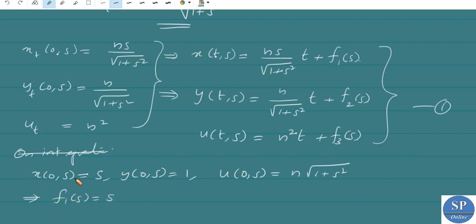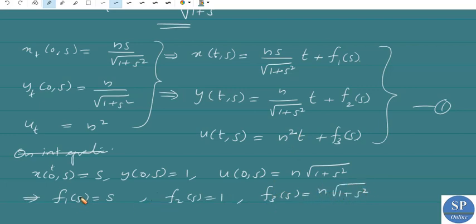And from the second equation, applying the condition y of 0 is equal to 1, that is, when t equals 0, y equals 1, so f2 of s is equal to 1. And from the third equation, when t equals 0, f3 of s is nothing but n into square root of 1 plus s square.